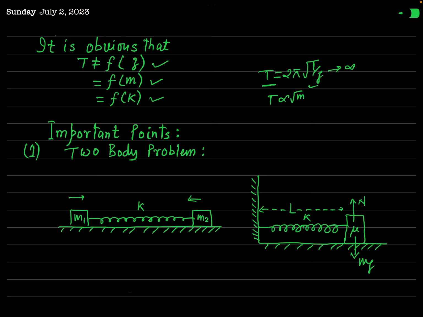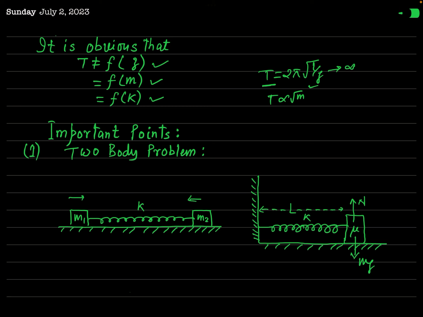Actually, this is a two-body problem because the spring has been connected to two finite masses. In classical mechanics, there is a very simple technique to solve such a problem. This two-body problem can be reduced to a single body problem by the concept of reduced mass.